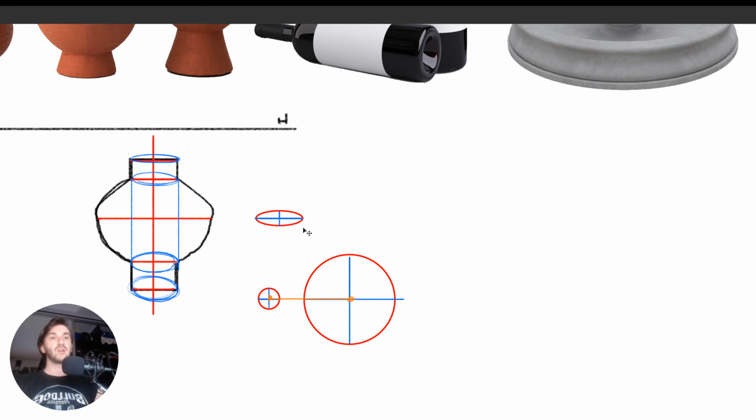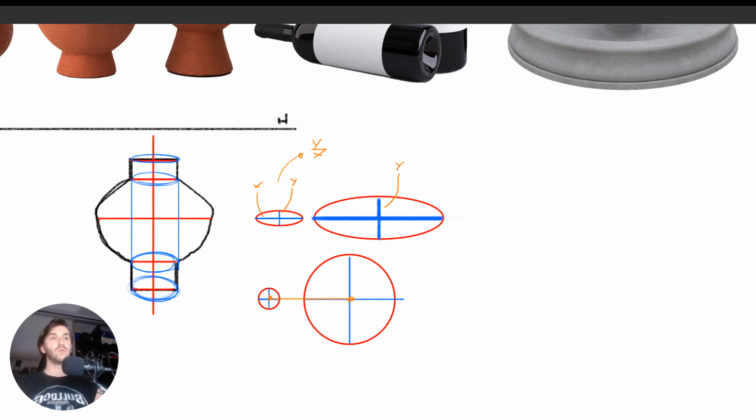So if we draw the big ellipse next to this one in perspective, let me duplicate it, this thing will simply get bigger. But the proportion of the short axis and the long axis in relation to each other, let's say this is y, this is x, has some sort of a y to x proportion.